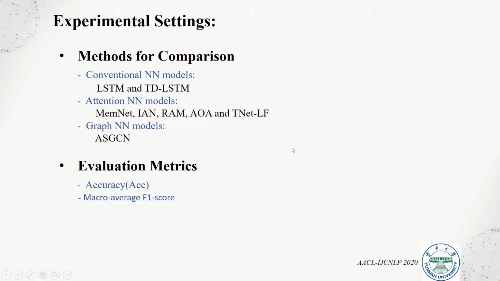To comprehensively evaluate the proposed model, we select the following baseline models: the convolutional neural network models, the attention neural network models, and the graph neural network models. As evaluation metrics, we select accuracy and the macro average F1 score.